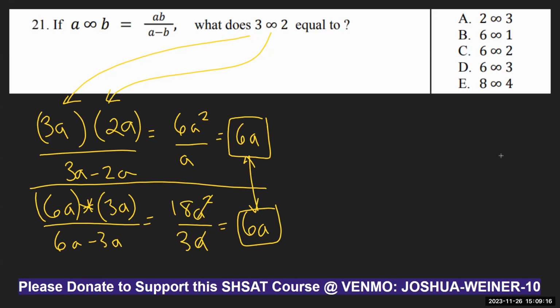Here's the weird part. Look at D and E. What if instead I say that 6 is to 3 is the ratio, and 8 is to 4 is the ratio, is the same as 2x to x.